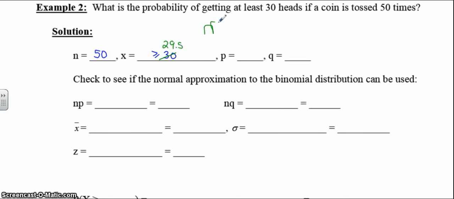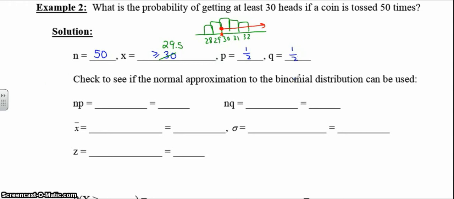If you're not sure, just draw yourself a little histogram and make this 30, 31, 32, 29, 28, because some people aren't sure, should I make that 29.5 or should I make that 30.5? So make yourself a little histogram. We want at least 30 heads, which means we want to include the 30. So that's why it's changed to 29.5. P is the probability of success, which is a half. Q is the probability of failure, which is a half.